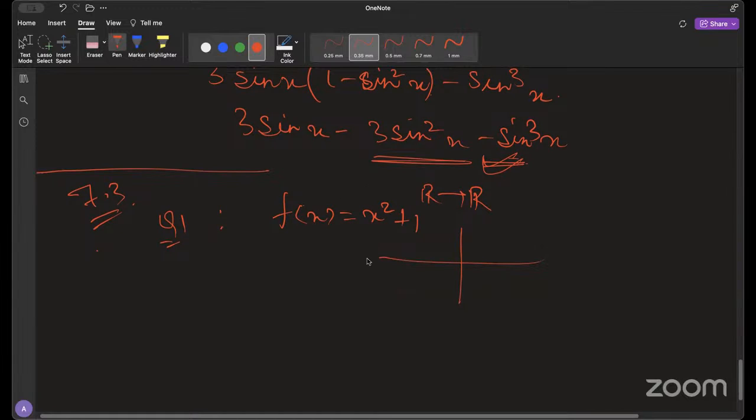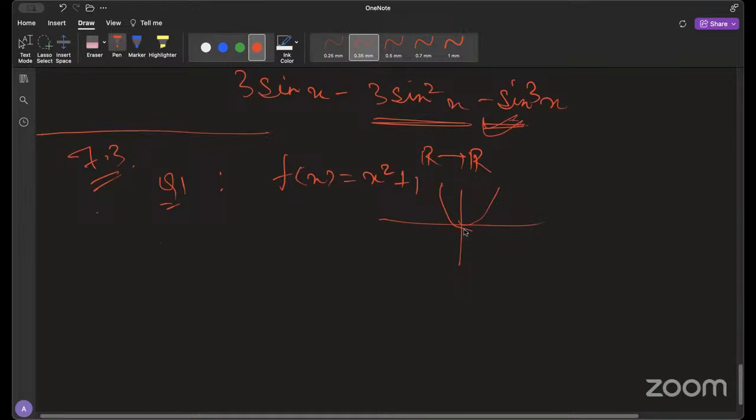The graph of a function is this. Let's just say this is a function. The graph of it looks like x square plus 1. We'll have to complete the square here. But let's just say the graph looks like this. I'm not saying that it does. We're assuming it, but we're not saying that this is the graph of this.